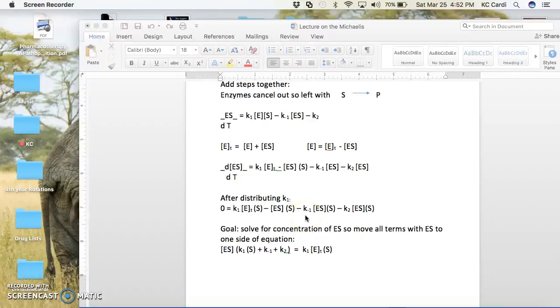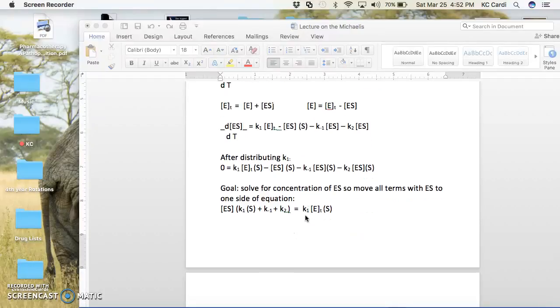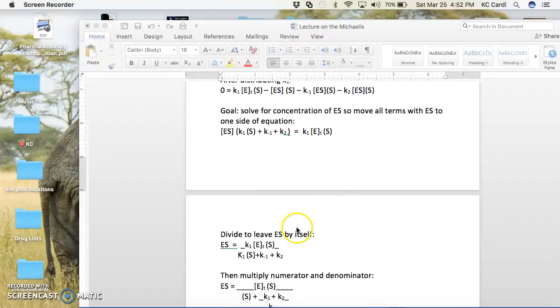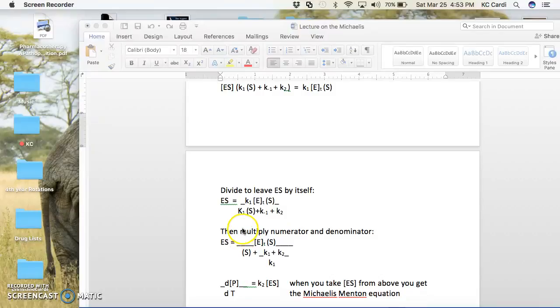The goal of this is to solve for the concentration of ES. So we want to move all the terms with ES so that they're by themselves. So we have this right here. Then when we divide by the ES coefficient, we get this equation here.